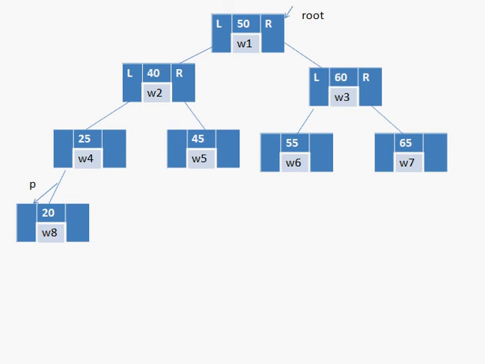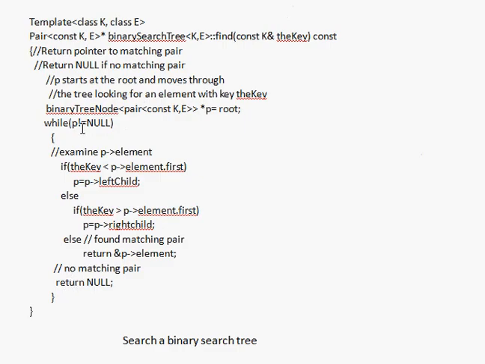In this case, the element at this node is 20. So we check if the key is less than element dot first. Element dot first is 20 and the key is 20, so both are matching. So this is false. Then we check the next condition, else if the key is greater than element dot first. Again we figure out it is an equal condition, so this will also not be true.